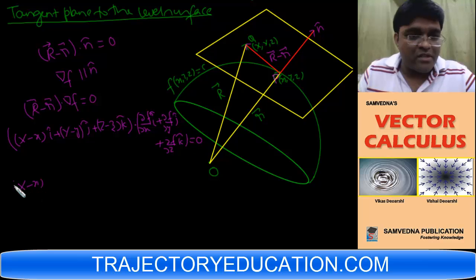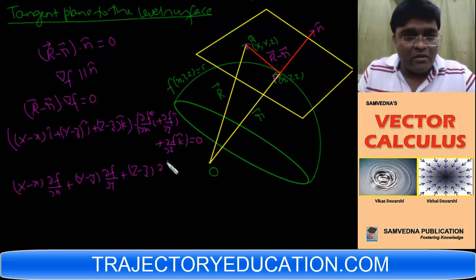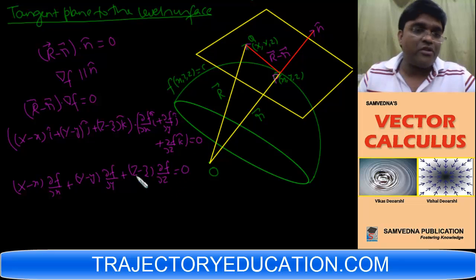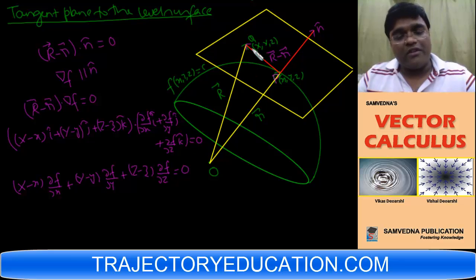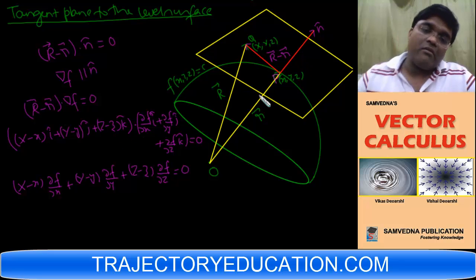The final equation comes as (X minus x) dou f by dou x plus (Y minus y) dou f by dou y plus (Z minus z) dou f by dou z equal to 0. So this is the equation of the tangent plane to the level surface at point P, whose coordinates are small x, y and z, and capital X, Y, Z is any general point on the tangent plane.